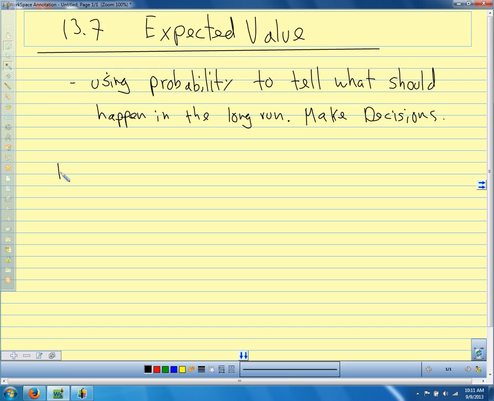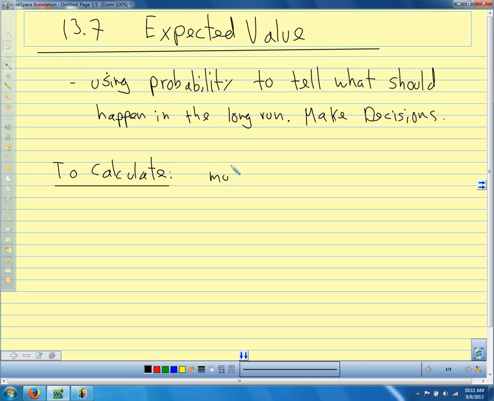So to calculate, we have a probability and we have some kind of outcome, something that we can win, something that we can gain, something that we can lose. So something that has a value.